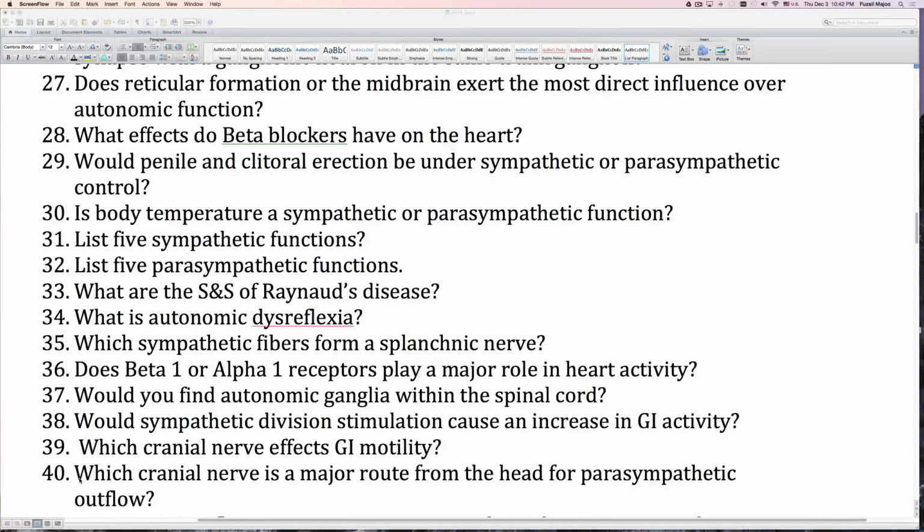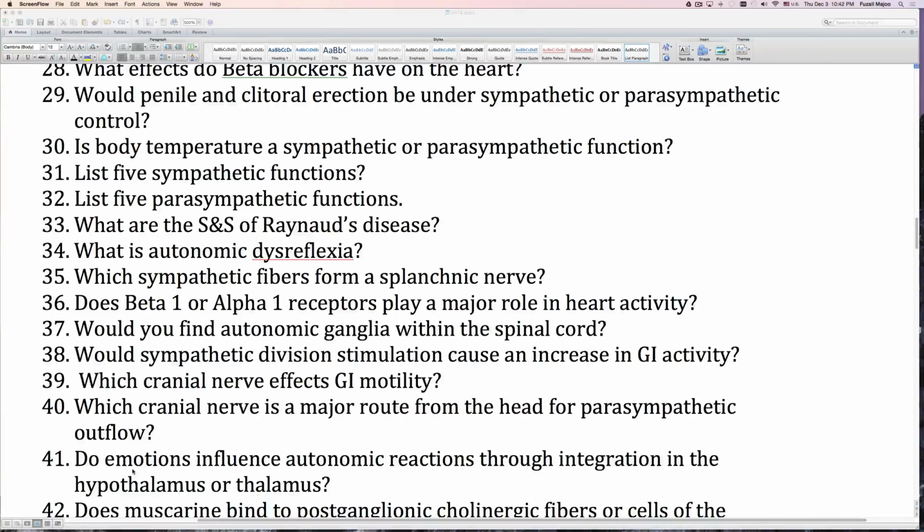Number 40, which cranial nerve is a major route from the head for parasympathetic outflow? Number 41. Do emotions influence autonomic reactions through integration in the hypothalamus or thalamus?